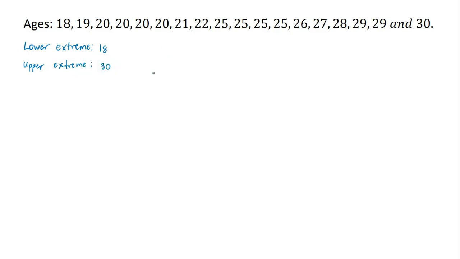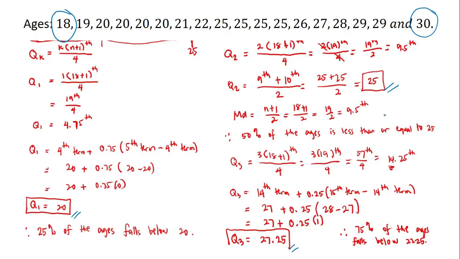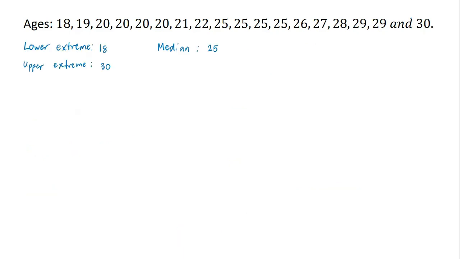After this, we find the median, or Q sub 2, which is 25, from the previous slide. So 25 is Q sub 2, Q sub 1 is 20, and Q sub 3 is 27.25.